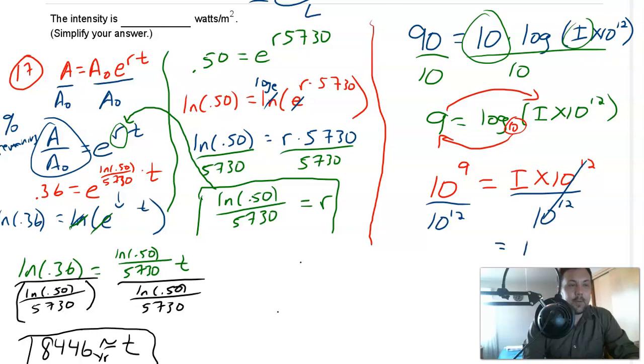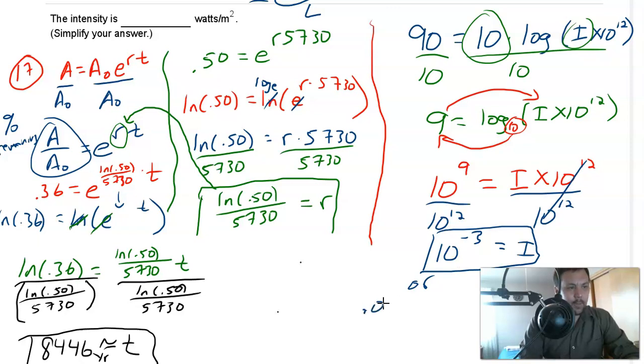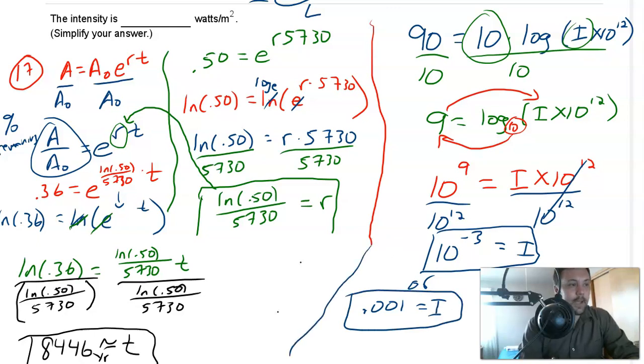Cancels that out. We get I equals, here we can simplify because they have the same base, so the base will stay 10. You subtract the exponents. 9 minus 12 is going to be negative 3, and that's a really great way to leave the answer. But you could also plug this into your calculator, and you would get 0.001, which is also okay. So I'm okay with the answer being either way.